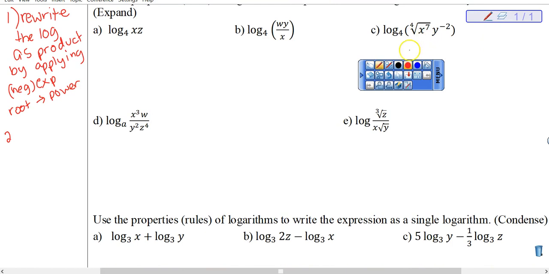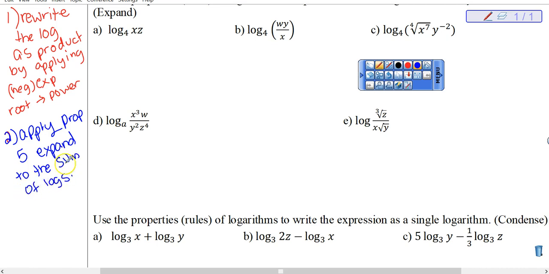we are going to, in blue, apply property 5 and expand to the sum of logs, because we'll write it as a product, and then we'll expand it to separate all of your variables into their own logs.